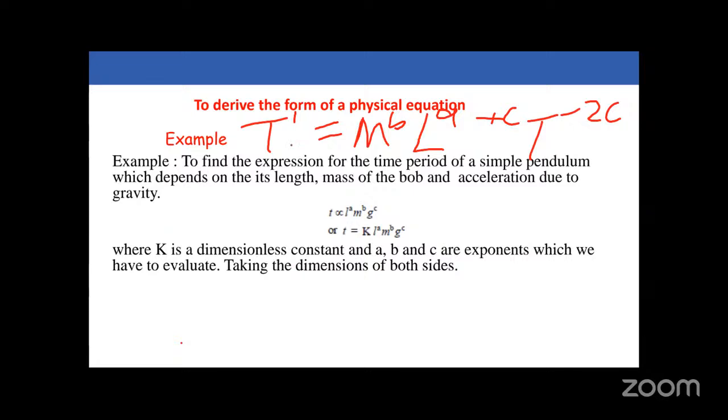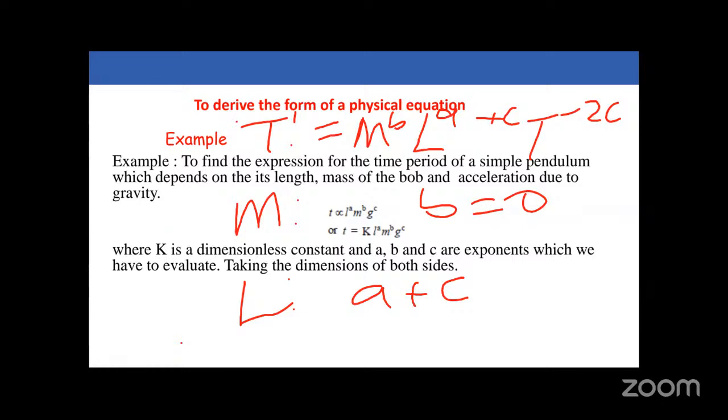Since there is no M represented here, it means that B is equal to 0. Then we have L raised to A plus C. So we say that A plus C is equal to 0.